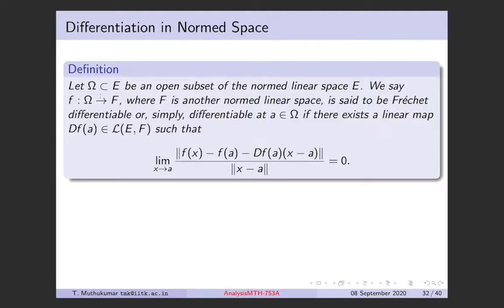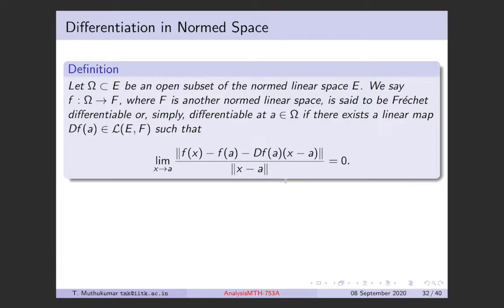So you have an open subset omega of a normed linear space E, and you have a map f from the open subset omega to another normed linear space F, and we call this little f differentiable at a point a in omega if there is a linear map df_a in L(E,F), which is the set of all linear maps between E and F, such that this limit tends to 0.